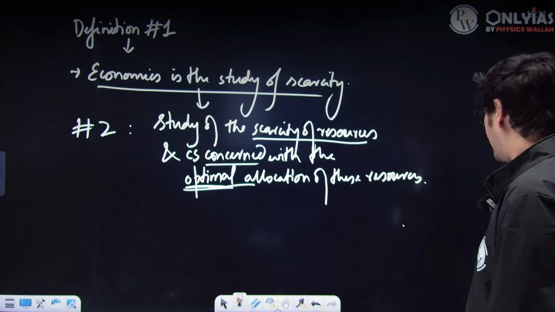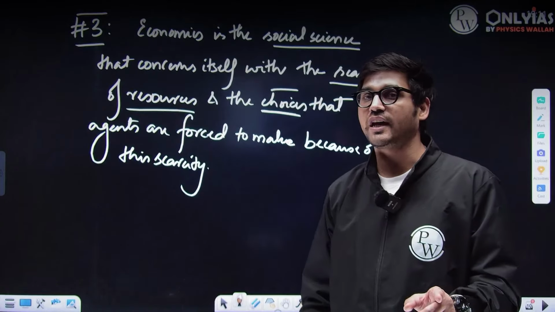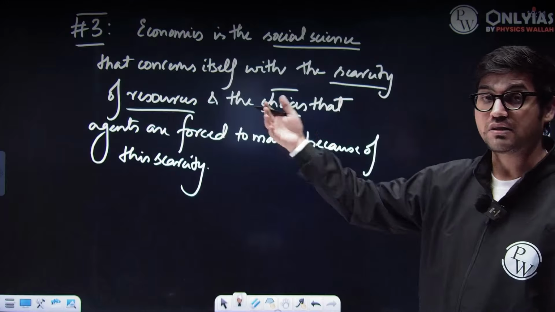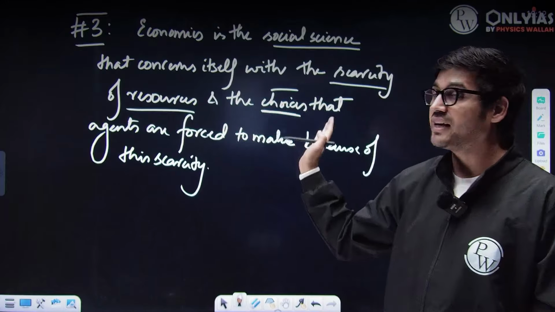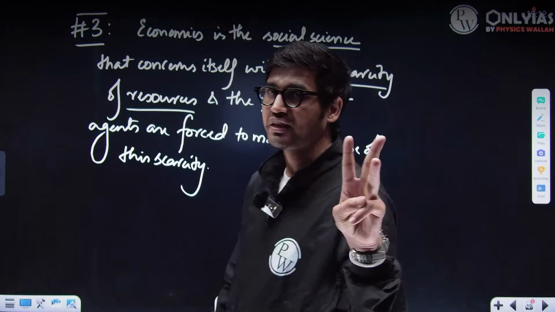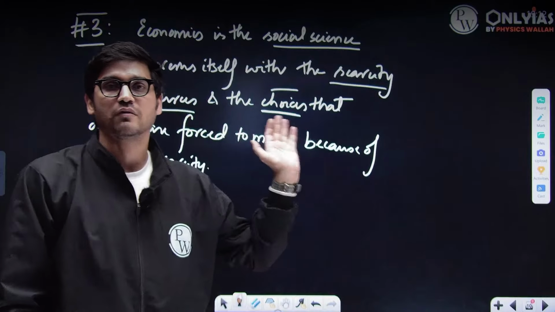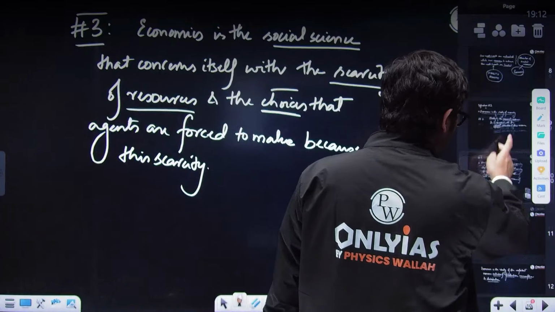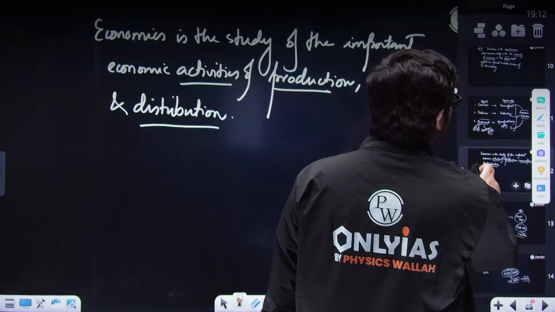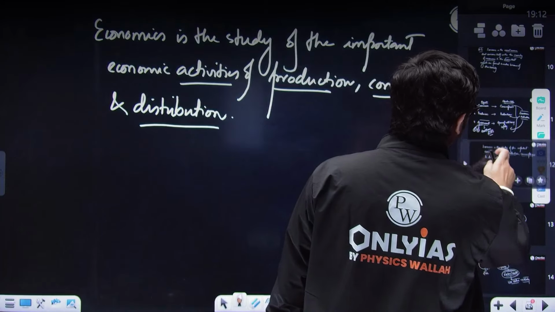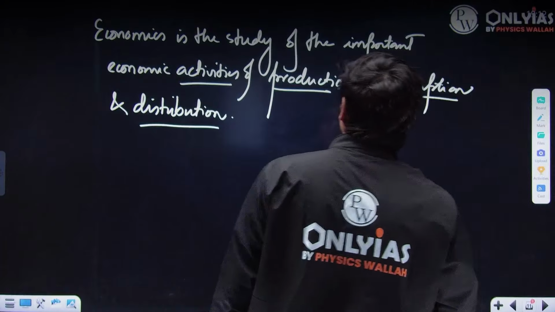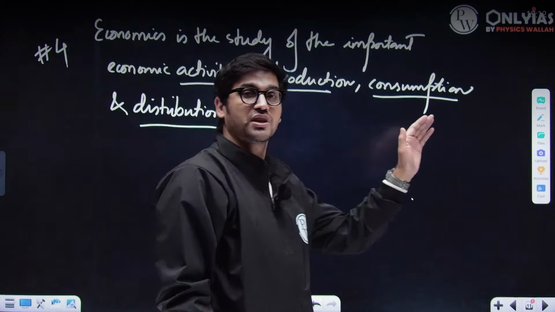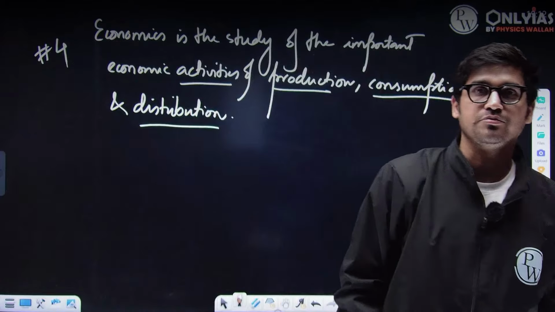One more way of defining economics would be that economics is a social science, it's not a natural science, it's a social science which concerns itself with the scarcity of resources and the choices that economic agents, producers, consumers and the government are forced to make because of this scarcity. And fourth definition of economics could very simply be, economics is the study of important economic activities of production, consumption and distribution of resources.